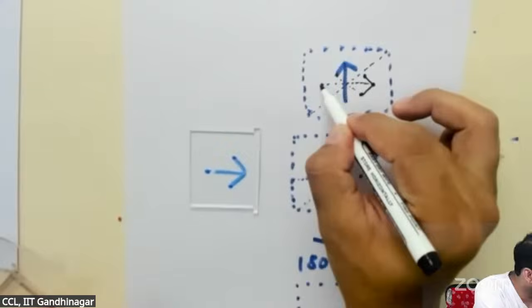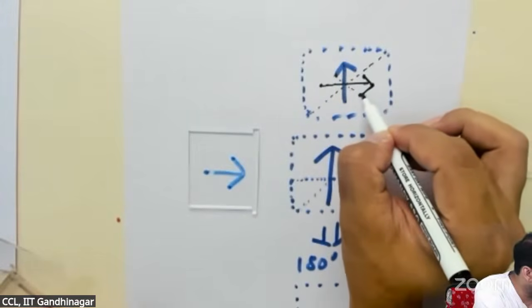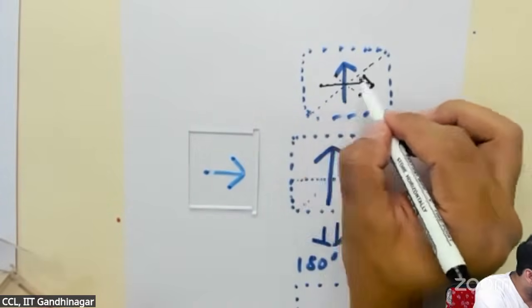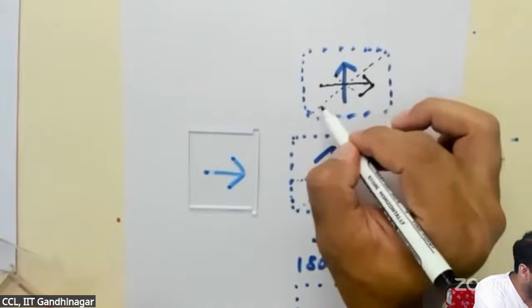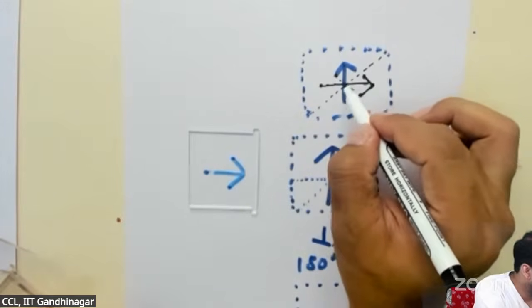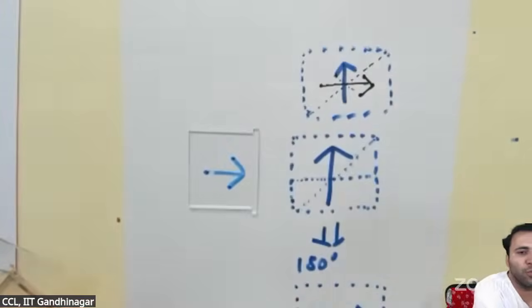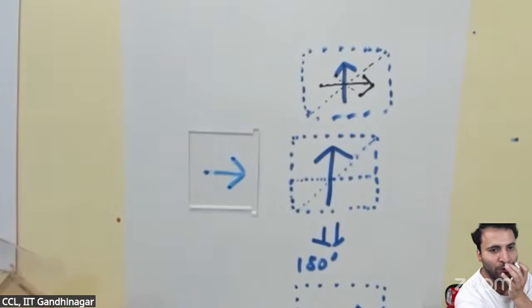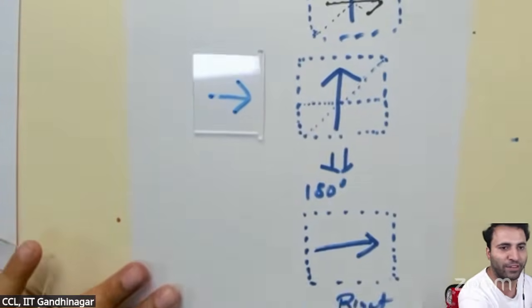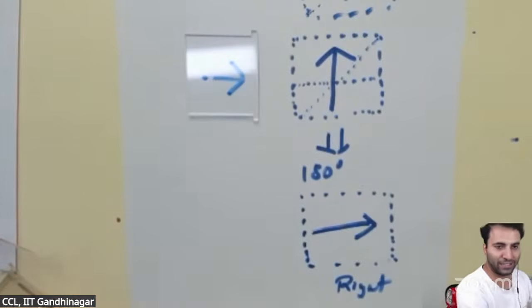ऐसा कुछ इसका इमेज बना, इसका मिरर इमेज. So if I put up a mirror here, यहां पे अगर इसको मिरर रख दूं तो जो इमेज बनेगी वो कुछ इस प्रकार से होगी, which is also saying that 180 degree flip would be something like this.